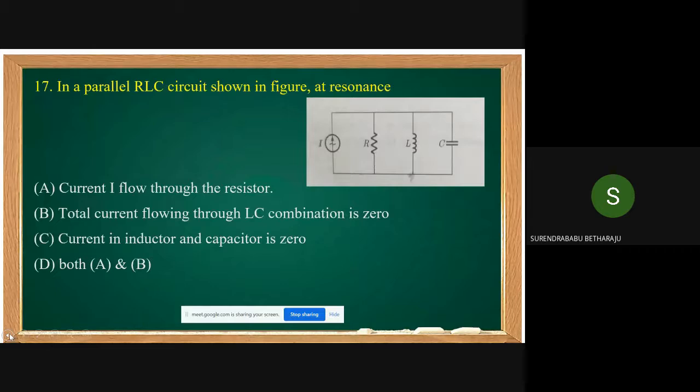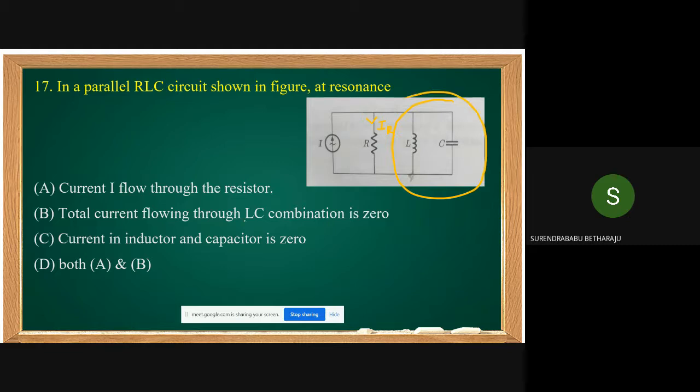In a parallel RLC circuit shown in the figure at resonance, I explained the concept in detail. We know that at resonance, the total current is passing through the resistor. And what about the L and C elements?